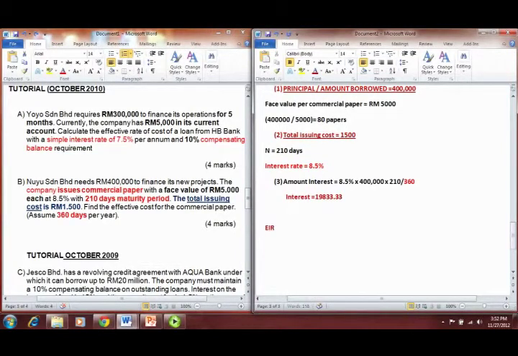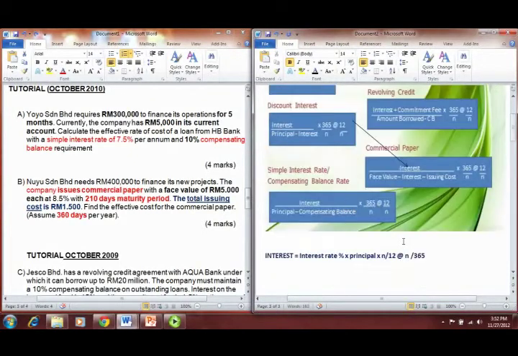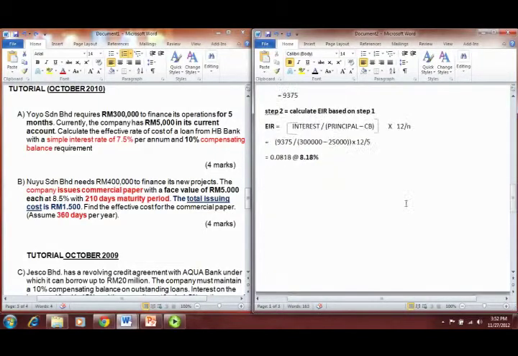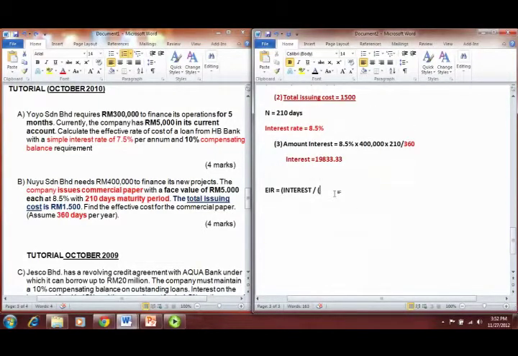So the formula for EIR for this question, you can use the commercial paper formula. EIR equals interest divided by, based on the formula I have shared with you, face value minus interest minus issuing cost.